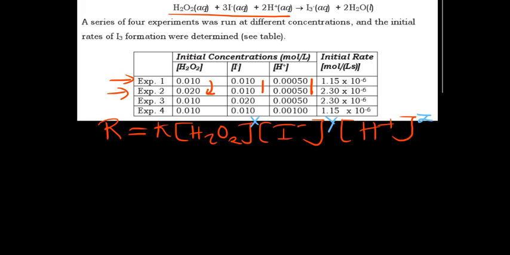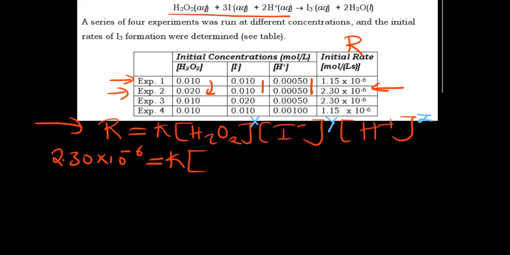Okay, so we're going to divide the second one, which I believe has got bigger values, by the first one. Don't forget the initial rate is the rate. So for the second one, it is 2.30 times 10 to the power negative 6 equal to, so I'm now substituting in this equation. K we don't have.